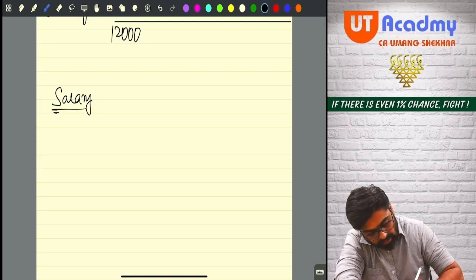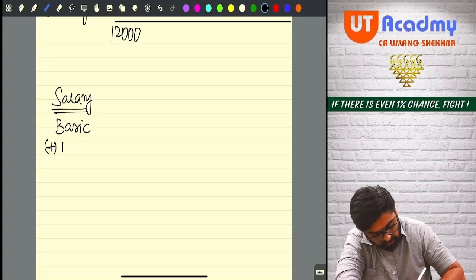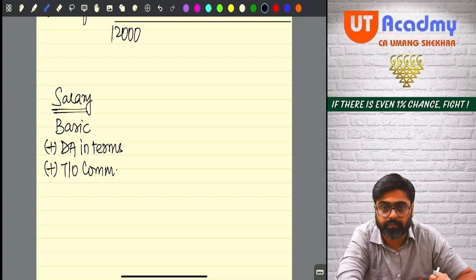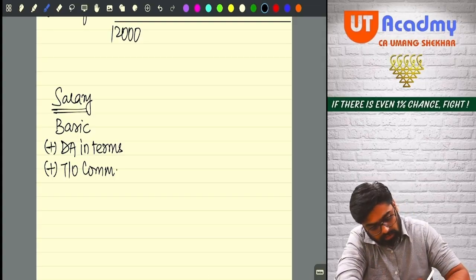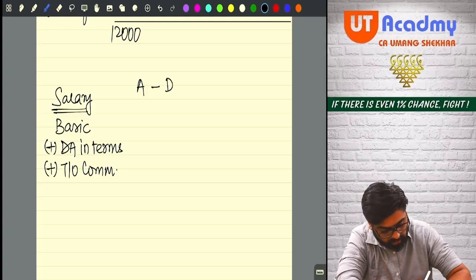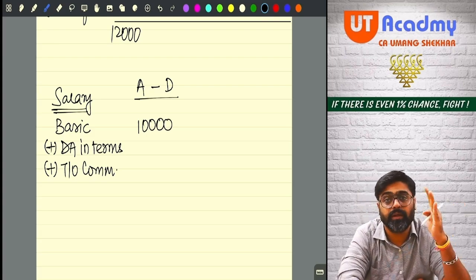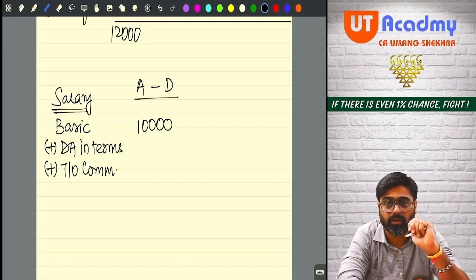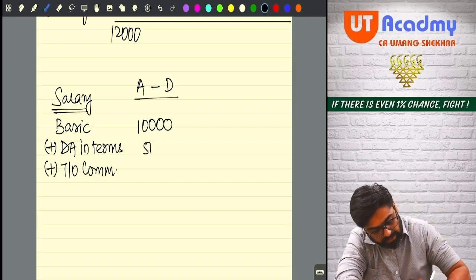Salary for HRA exemption will be basic plus DA in terms plus turnover commission. From April till December, my basic is 10,000. 100% of that is DA, 10,000 is DA also. But out of that only 50% is in terms, so only 5,000 will be DA in terms.